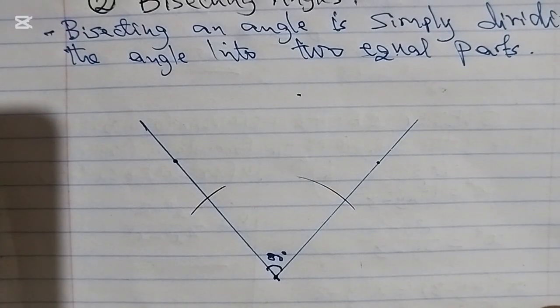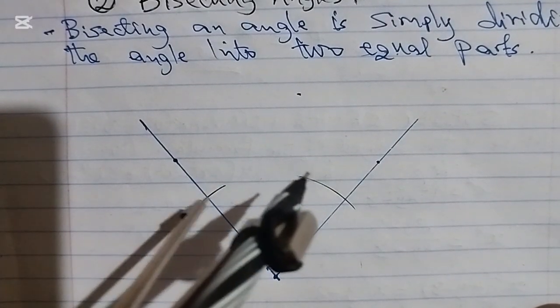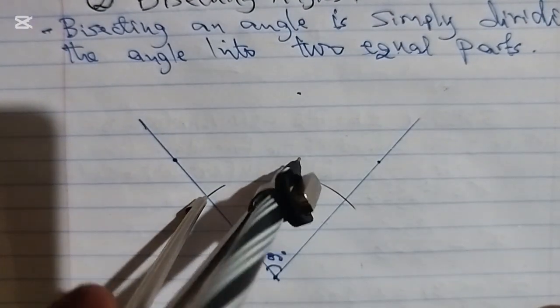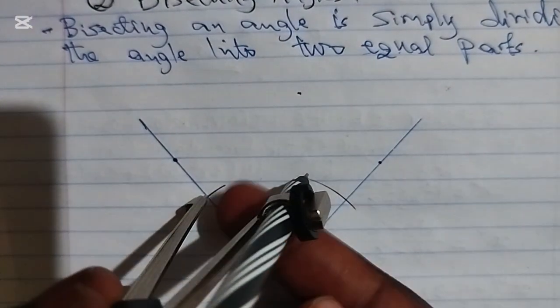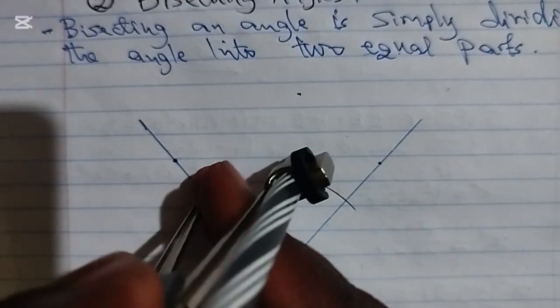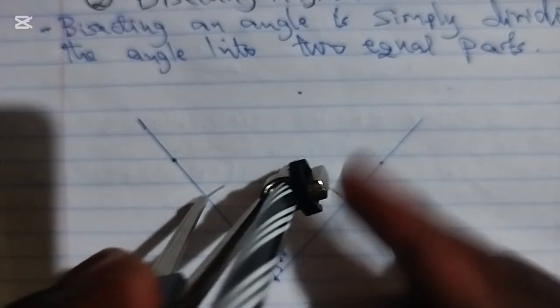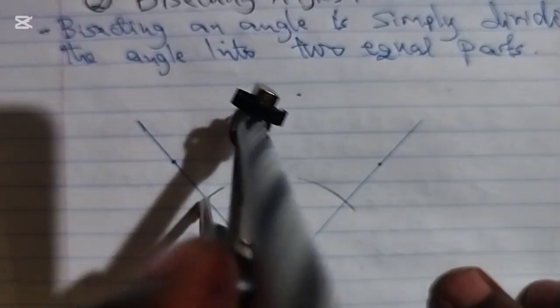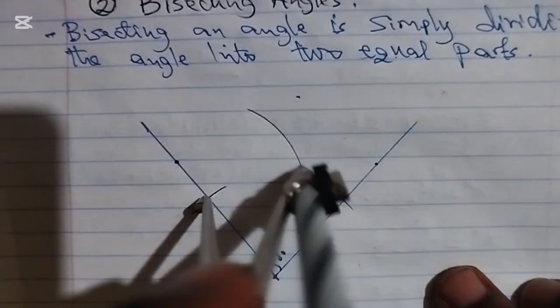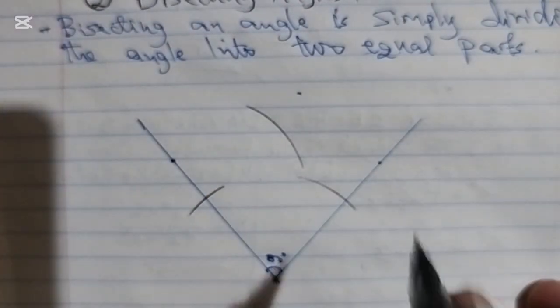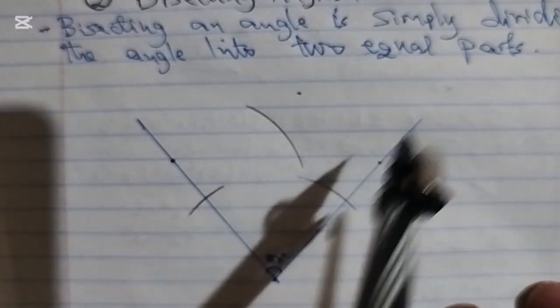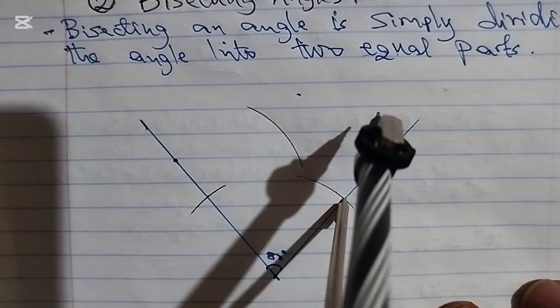I'll transfer my compass to one of my arcs, maybe to this point. I can increase the radius of my compass, or reduce it. Then make an arc here, and transfer the same length of my compass, without adjusting, to the other remaining arc.